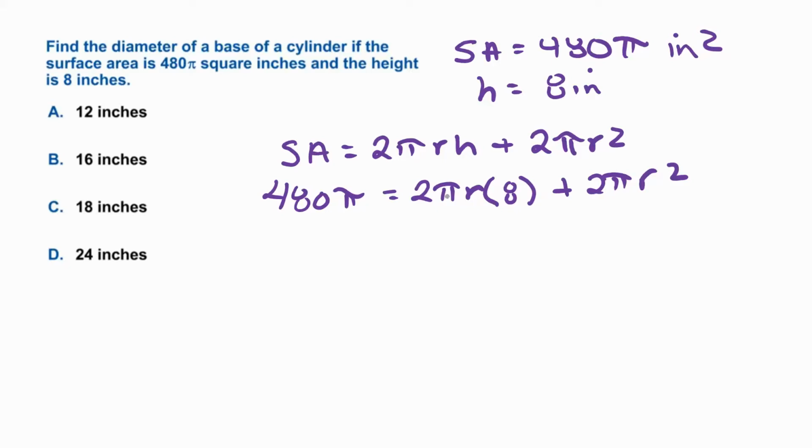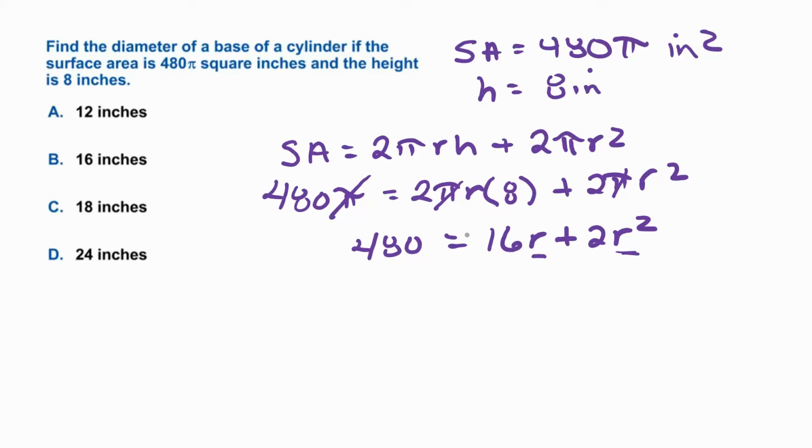Notice that pi is in each of the terms, so I can divide both sides by pi, and I'll have 480 equals 2 times 8 is 16r plus 2r squared. So we have a term that has r squared in it and a term with r. So that leads us to the fact that we'll need to factor.